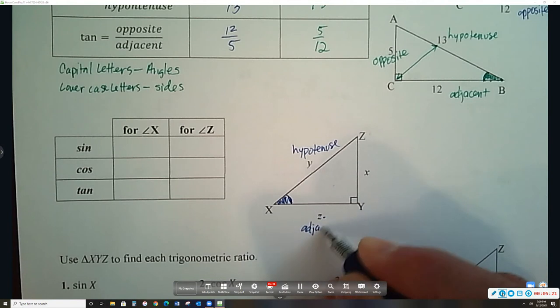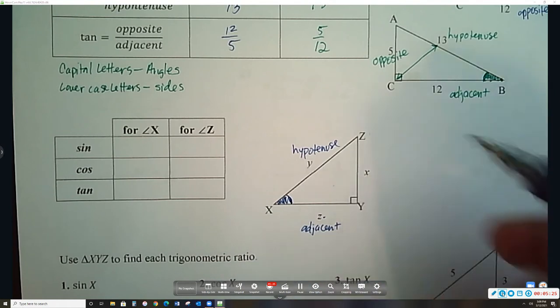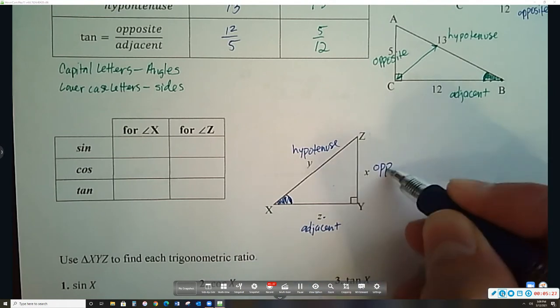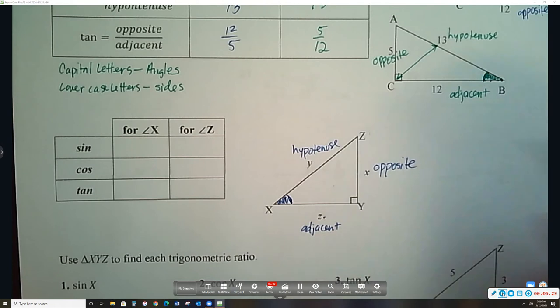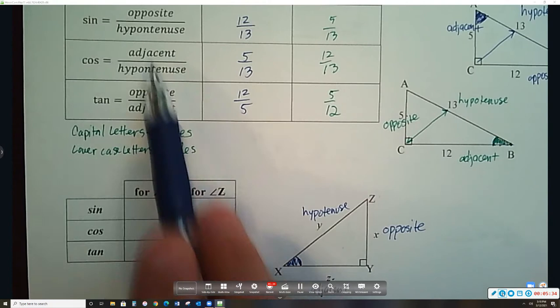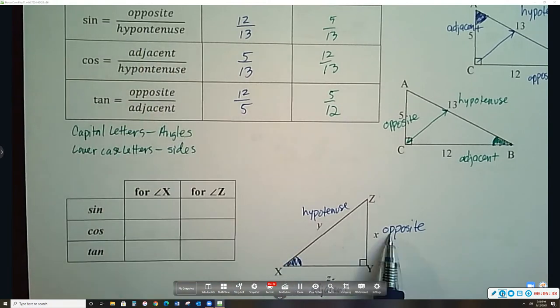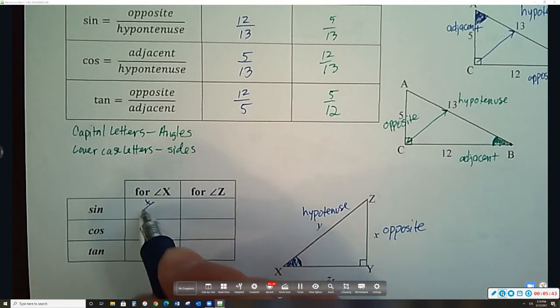So I know that's the adjacent leg, or the adjacent side. And then this side is opposite, or across the angle x. So I know that's the opposite side. Okay? And then just remember, look up here. Sine is opposite over hypotenuse. So sine would be opposite, which is x, over the hypotenuse, which is y. So we're just going to put x over y.